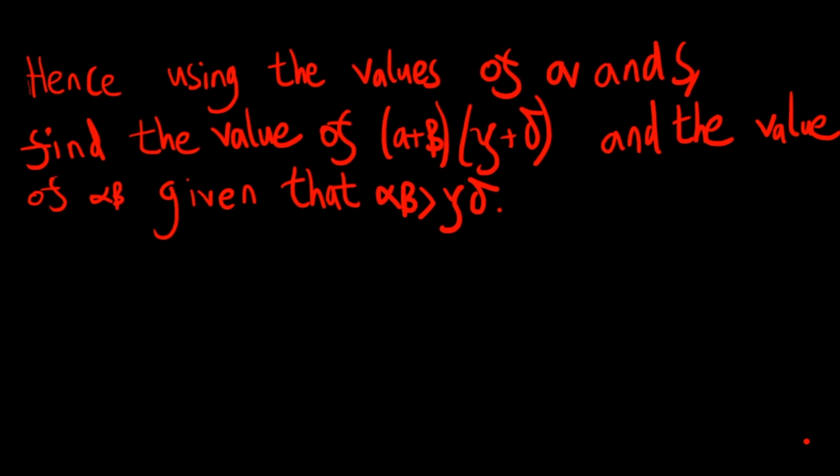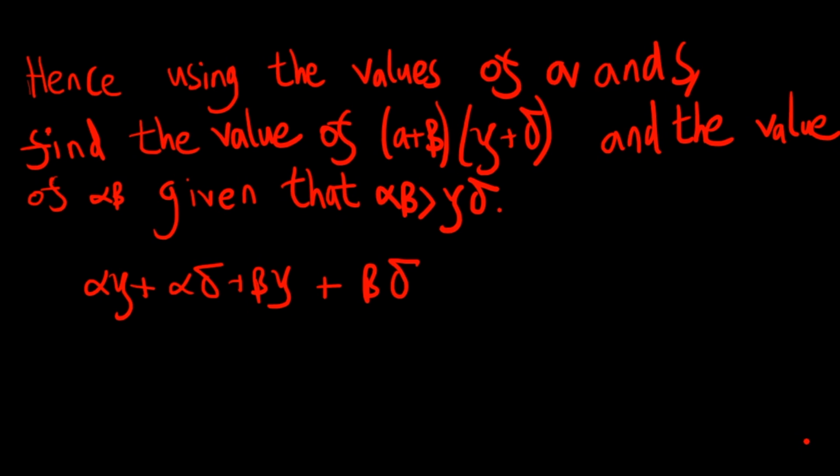when I did this question, the first thing I did was expand the brackets because it looked like it might yield some of the roots of the equation that we used in the preliminary part of the question. So when I did that, I got alpha gamma plus alpha delta plus beta gamma plus beta delta.